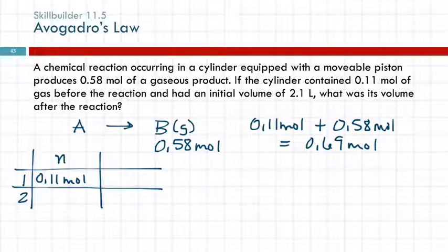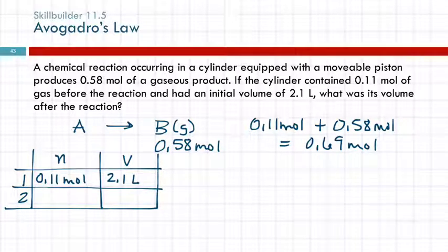That's N. And the volume was 2.1 liters. By thinking about it, we've decided that the final amount of moles is 0.69. The reaction added gas to the container. So 0.69. And it's asking us what the final volume is. And that's going to be this, V2.